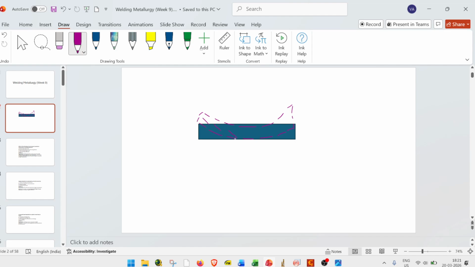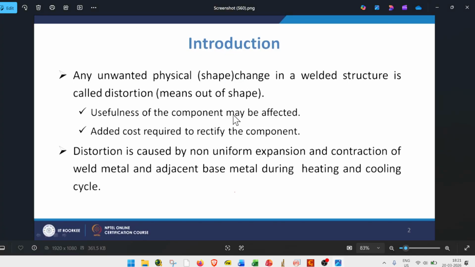So it is a deflection in the dimensions. This is called distortion.